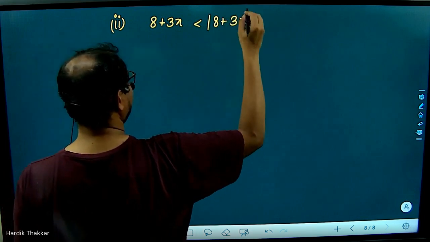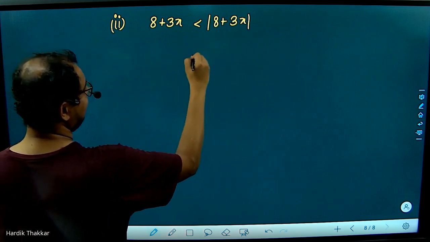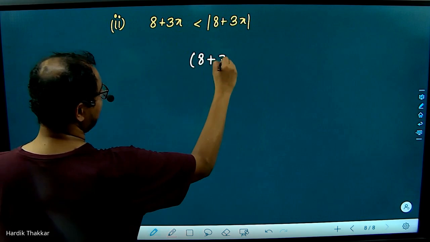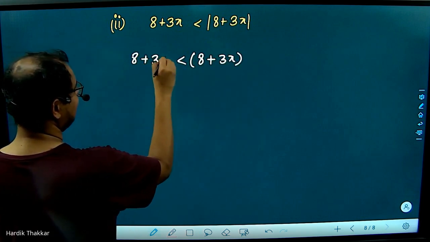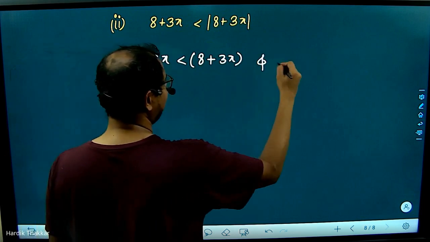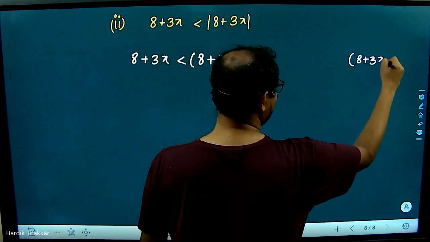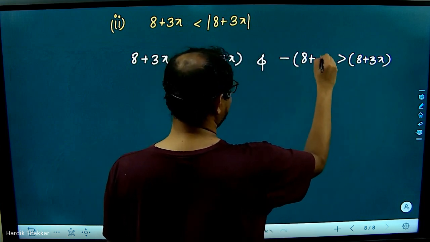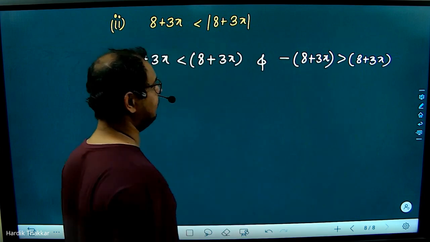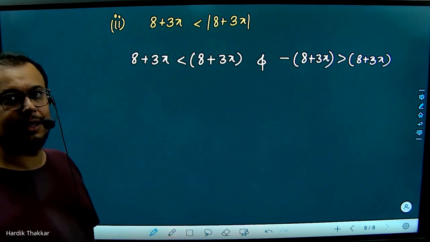We will start in the same manner as we have done. So first it is 8 plus 3x greater than this number 8 plus 3x, and the second case will be 8 plus 3x less than negative of this number 8 plus 3x. Is this first step clear to you or not? Any doubt? Clear? Okay.